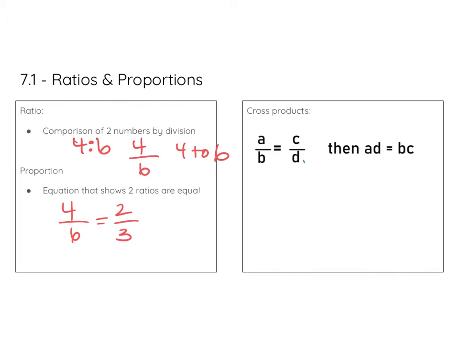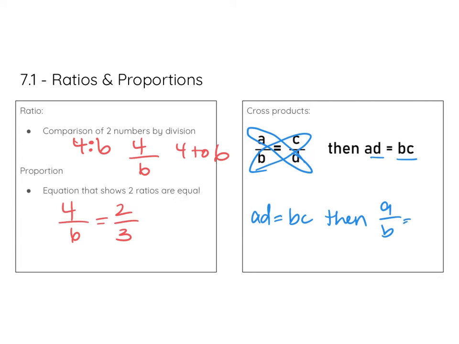That's just saying that A times D is equal to B times C, right? We could also say if we know that A times D is equal to B times C, we could reverse it, right? If AD equals BC, then A over B has to equal C over D. So either way, but cross products are what we're going to use to solve proportions.